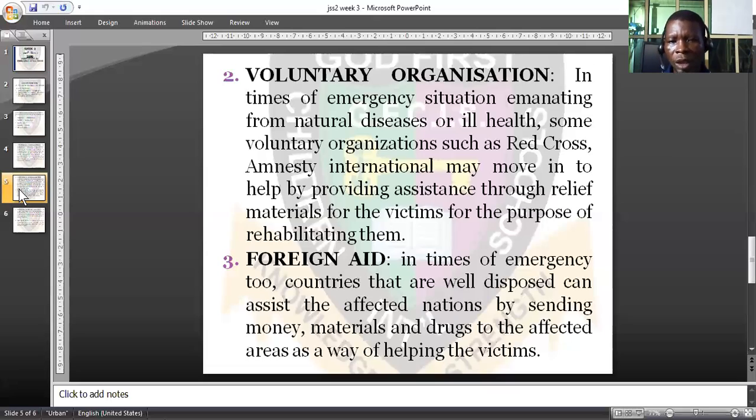The third one is foreign aid. In terms of emergency too, countries that are well disposed can assist the affected nations.